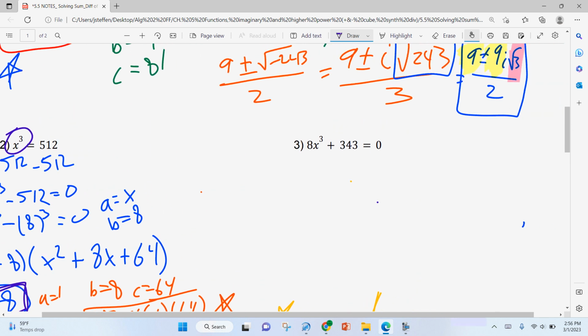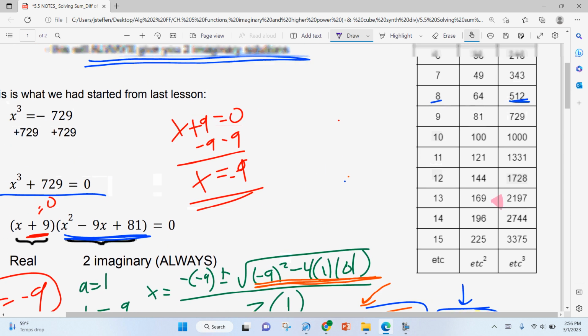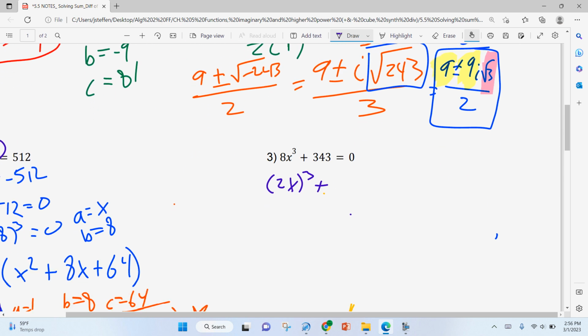All right, let's look at one. So this one has a leading coefficient with it, so this is a little bit different. So this is 2x to the third, that is your A, and your B is 343, which I think was 7. Yep. So my A is 2x, my B is 7. Now be careful, because when you're doing the quadratic formula, that A and B are different.